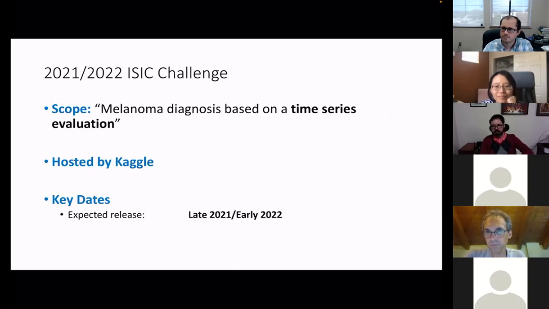The idea will be to diagnose melanomas based on time series of lesions. The dataset is currently being collected, so expect the challenge training sets to be released between the end of 2021 and the beginning of 2022. It will probably be hosted together with Kaggle as last year's challenge. Based on all of your comments, I believe that you'll be very happy with this announcement.